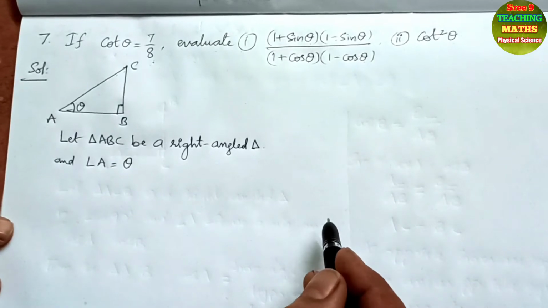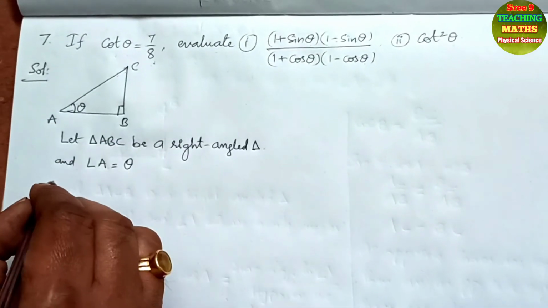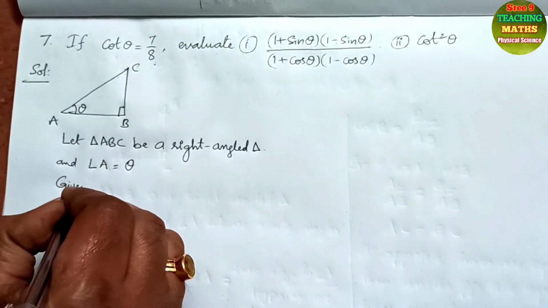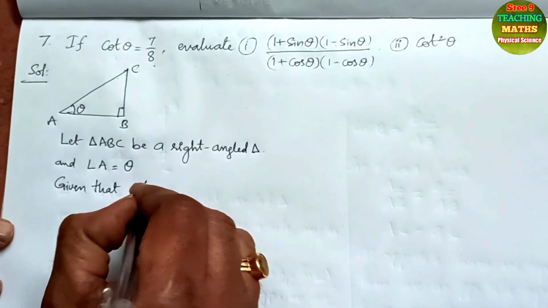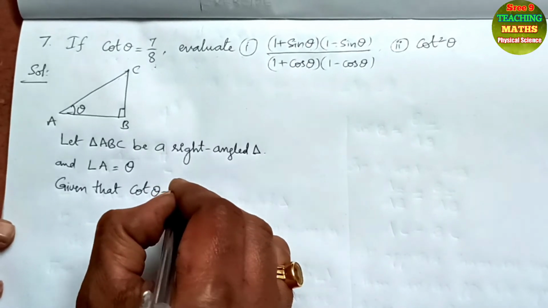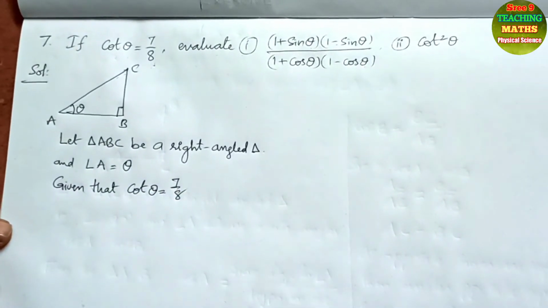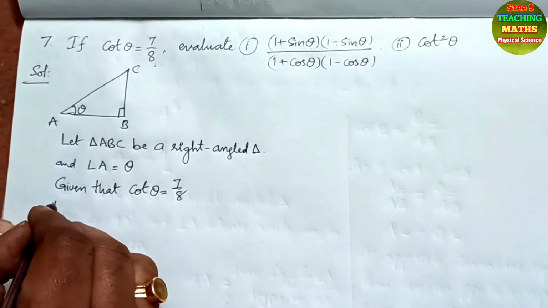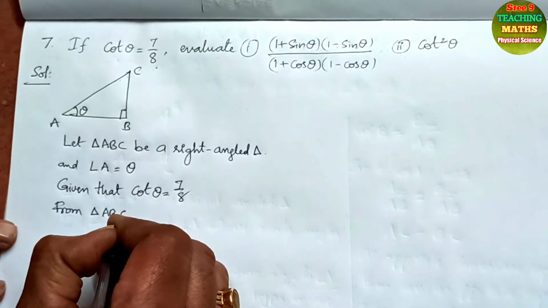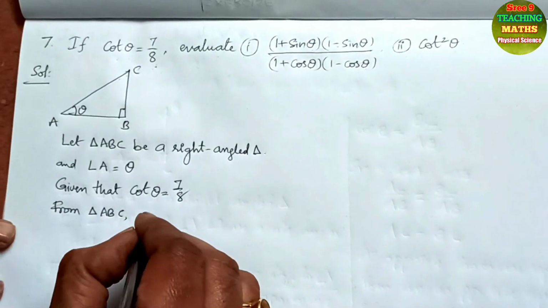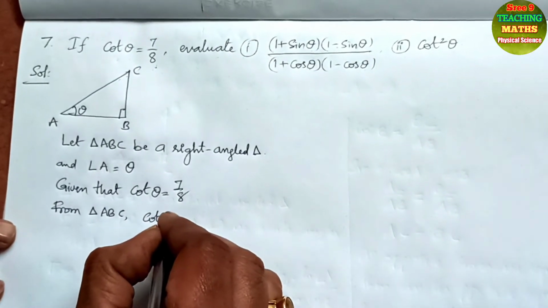Here it is given that cot theta is equal to 7 by 8. Now from the figure, from triangle ABC, what is cot theta?